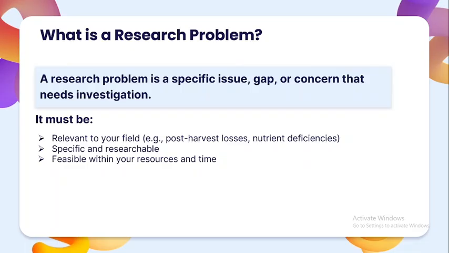So the first thing is, what is a research problem? Because basically the purpose of every research, either it is in the field of food technology, agriculture, information technology, computer science, any other field, the basic purpose of research is to address a problem.